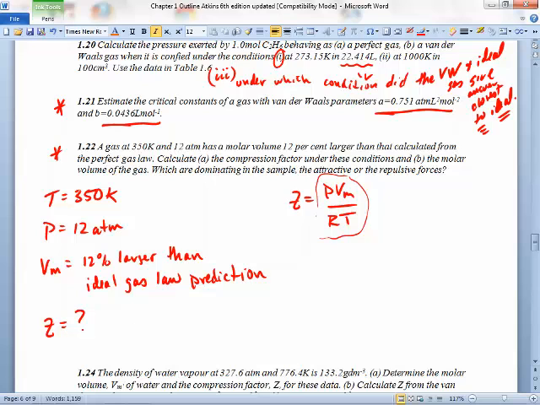Same thing here. These are ideal gas law numbers. But they're saying, okay, your pressure, it's not acting ideal. Here's your fudge factor. So how do you change this VM to reflect what this just said? Like you could multiply it.